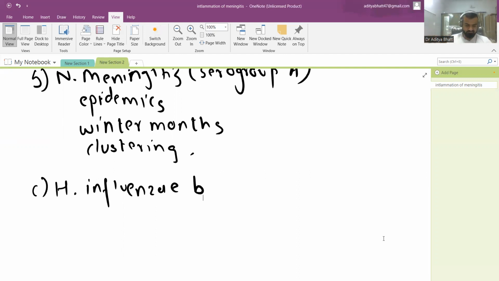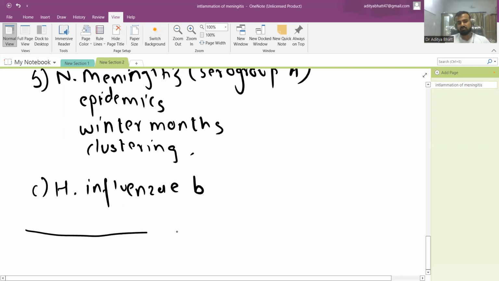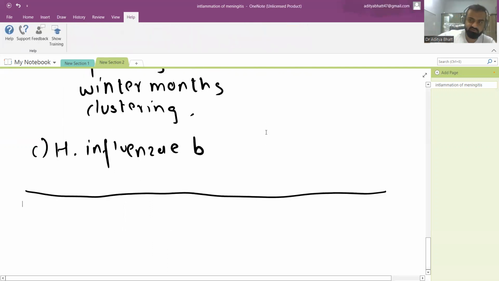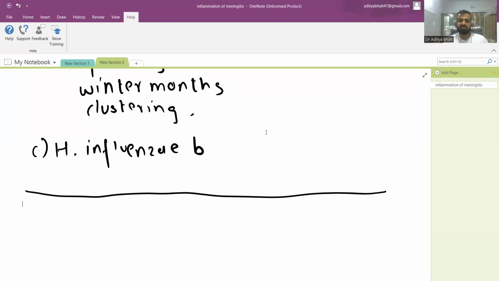Haemophilus influenzae B. Another controversy is whether we should give steroids in all patients of meningitis before starting antibiotics. I'll tell you the answer. The answer is yes. All patients of meningitis should be given steroids at least 1 hour or 30 minutes before starting antibiotics, which decreases the complication rate, and you only give them for 48 hours, not more than that.